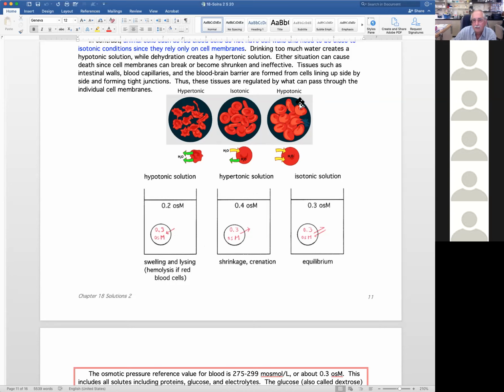People die from either situation, which is why the state of hydration is so important for you to stay alive, and the state of your electrolyte solutions in your blood is so important. In emergency medicine, they come up and find somebody on the street, they don't know what's wrong with them.